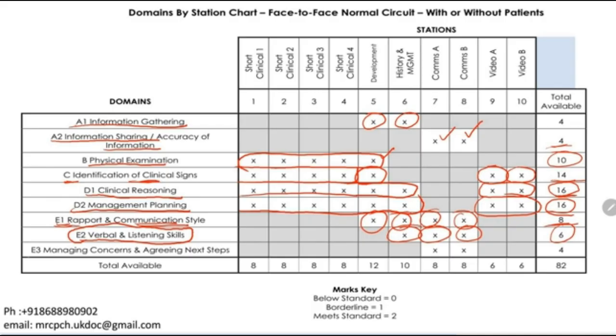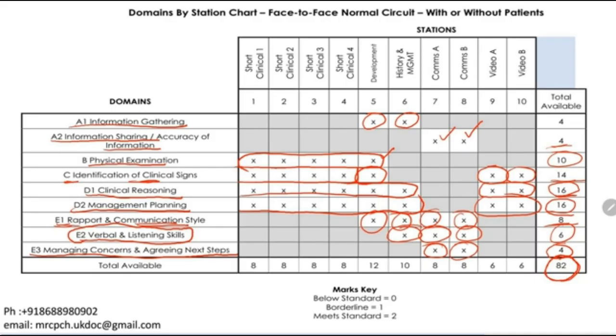And managing concerns and agreeing the next steps is tested in communication A and B, a total of 4 marks. So the maximum marks across all the domains is 82 marks.